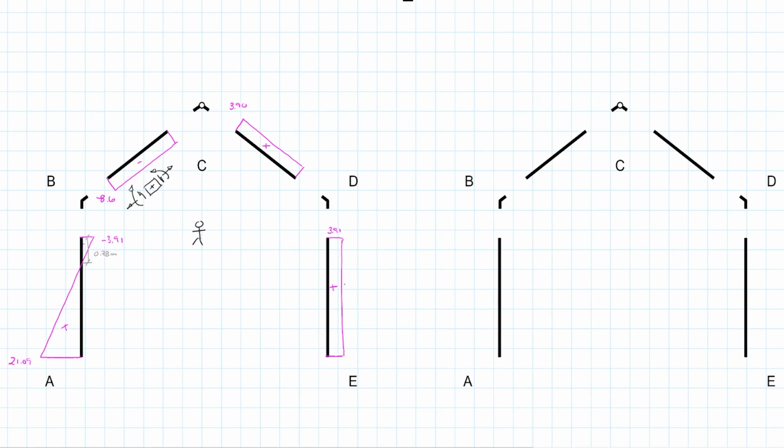And if you were asked to identify where and what the value of the max shear is, of course, we have the max shear occurring at A of 21.09. So moving on to do the bending moment diagram. The first one that has an interesting shape, of course, is the first one. We have no moment at A, so it's equal to a value of 0.